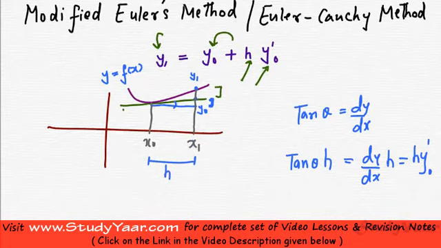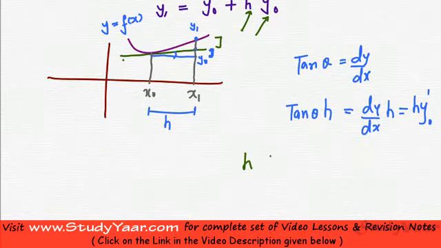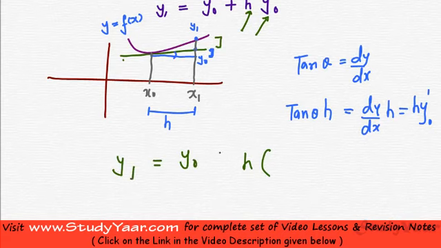So what we do is, instead of multiplying with the slope at this point, we multiply h with the average of the slope at this point and at this point. So your y1 becomes y0 plus h into the average of the slope at this point and at this point, which is going to be y0 dash plus the slope at this point.